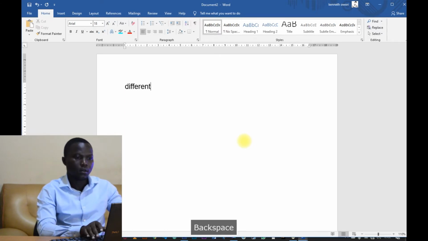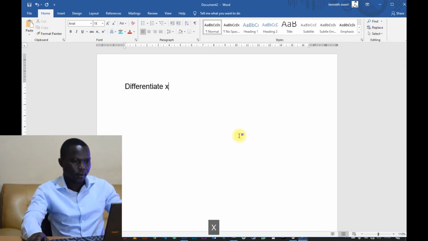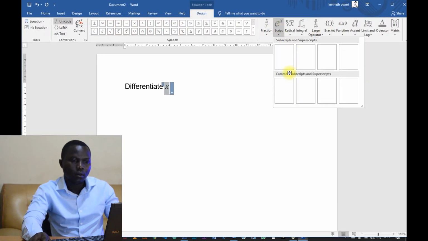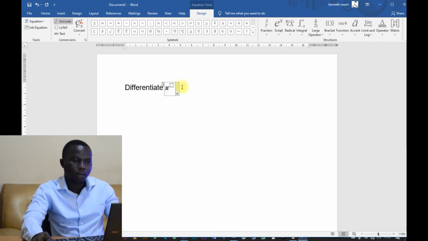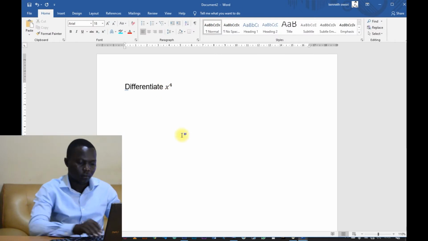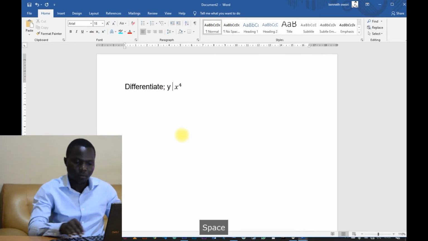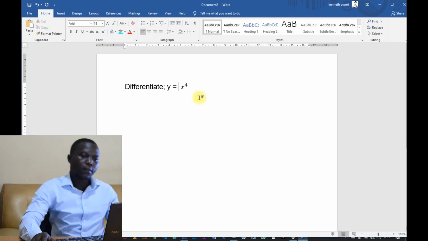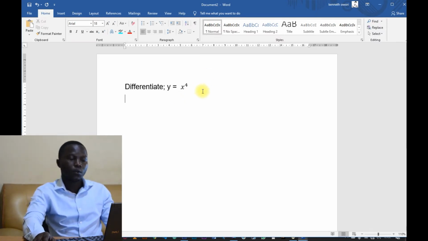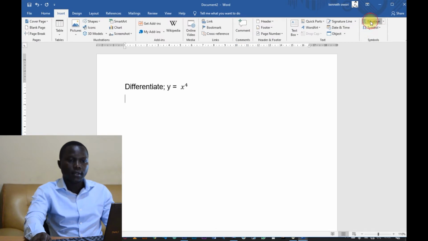Differentiate y equals x power 4. In this case, the derivative will be denoted as dy dx. Why? Because we are differentiating the function y with respect to x.